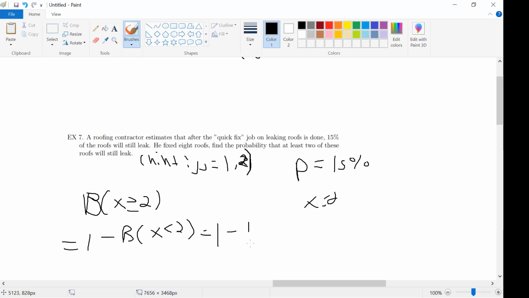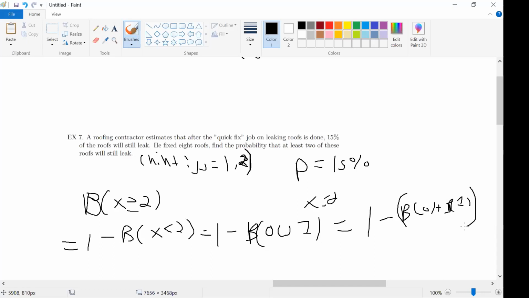That's equal to the probability of having no roofs leaking at all or only 1 roof leaking. So that's 1 minus our binomial of 0 using our probability law and the binomial probability of it happening once.